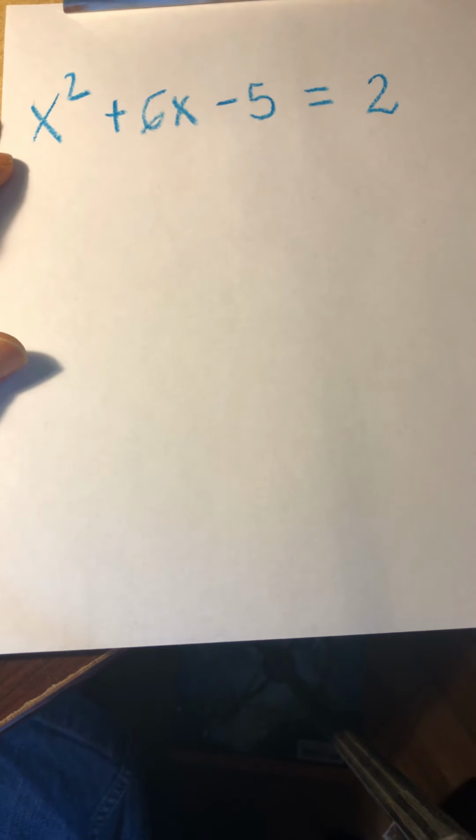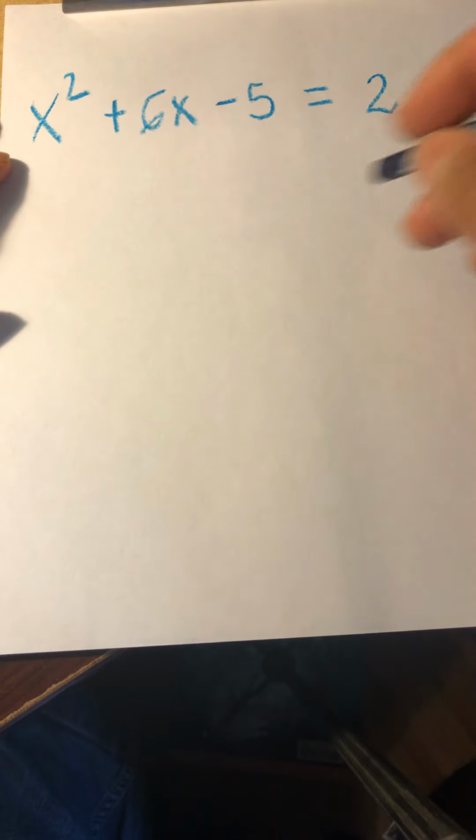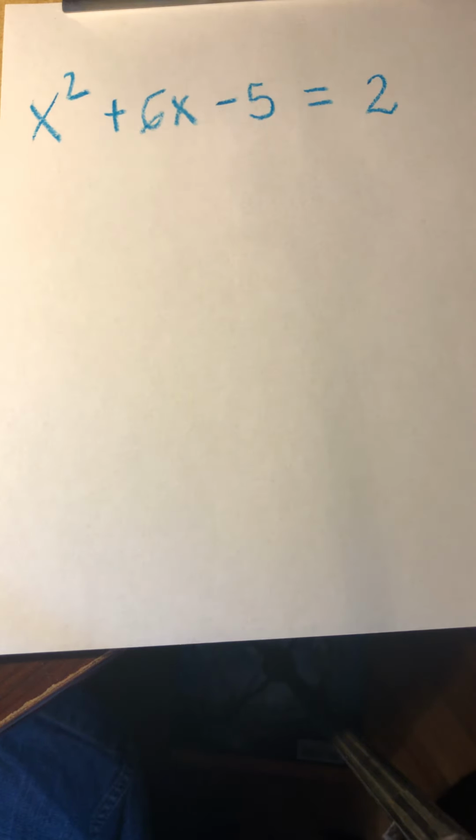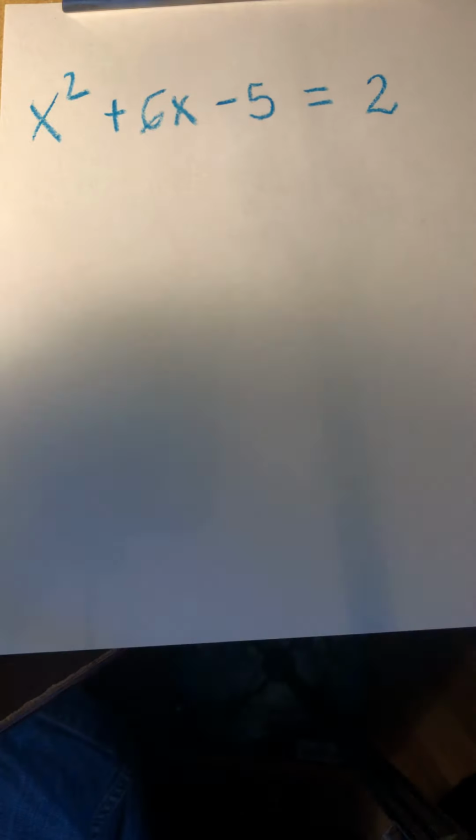Now, some people do a whole process where they add b over 2 squared to both sides, but I think that's actually unnecessary.